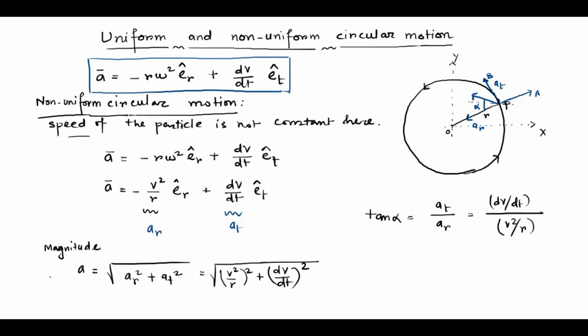It is the resultant of the radial component and the tangential component, and it makes an angle alpha with the radial component. That's all for today.